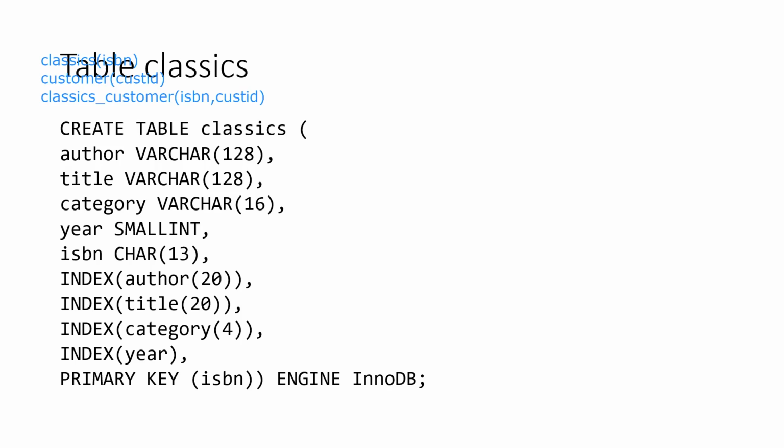Earlier we said author is a maximum of 128 characters, but that is too much, especially when you're creating an index. So here the author 20 means that when you're creating the index, we consider only the first 20 characters of each value.